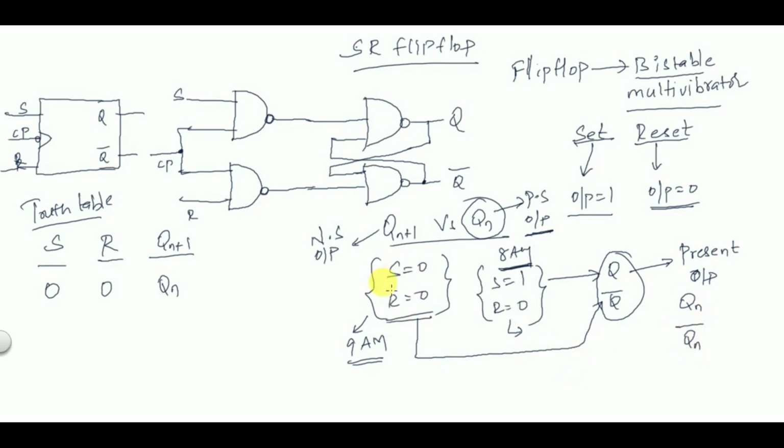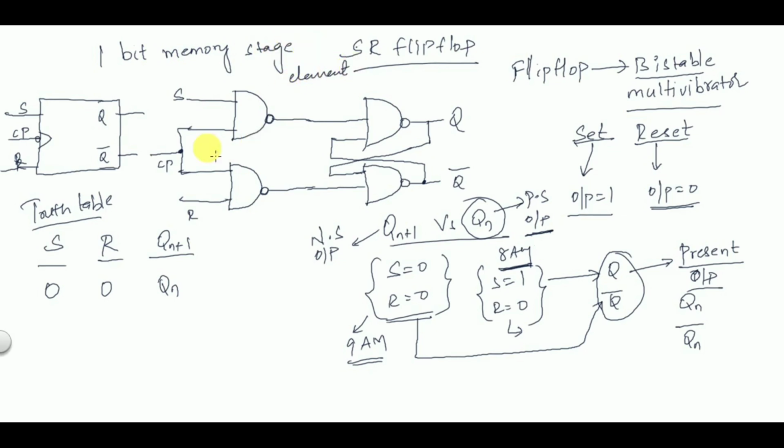They are called present outputs because they are already there at the output, because a flip-flop is a 1-bit memory storage element. So it can store 1 bit.